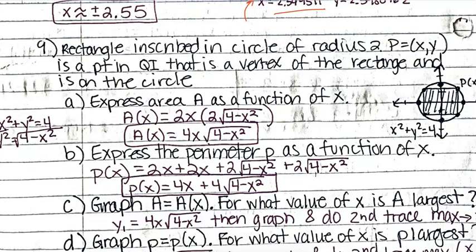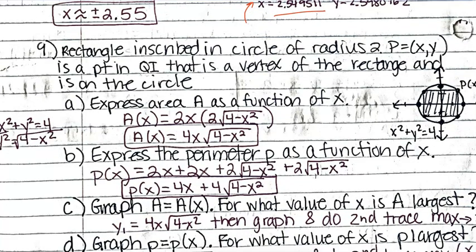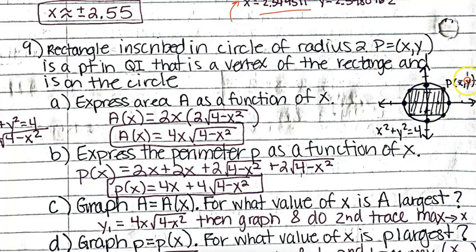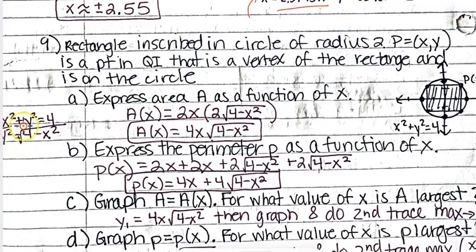Number 9 is very similar to the example that we did together in class, except that it's not a semicircle, it's an entire circle. So they gave you the equation, they gave you the picture. Because the point that we are looking at is in quadrant 1, that means that the y coordinate, when we solve for y, and I put the work back over here, like, you know, subtract x squared from both sides, square root, we know that the equation of the circle really has the plus or minus, but the plus is the top half of the semicircle, and the minus is the bottom half.